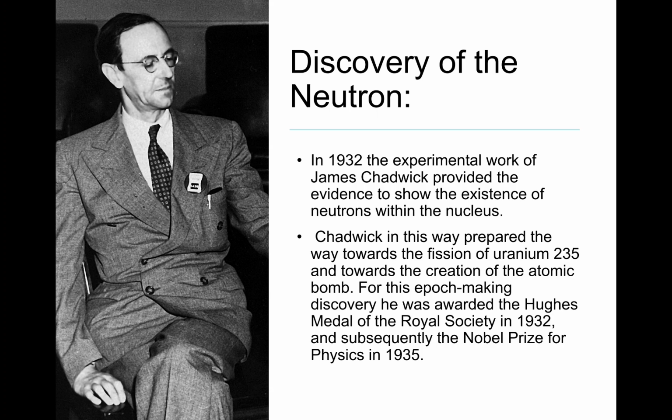For this epoch-making discovery, he was awarded the Hughes Medal of the Royal Society in 1932 and subsequently the Nobel Prize for Physics in 1935. Again, you just need to be aware of what James Chadwick did, but you don't need to know any experimental details. If you want to read up about it, that's completely up to you. Okay, let's move on.